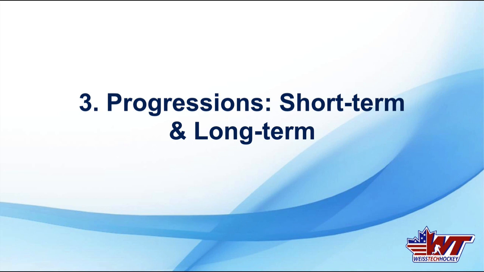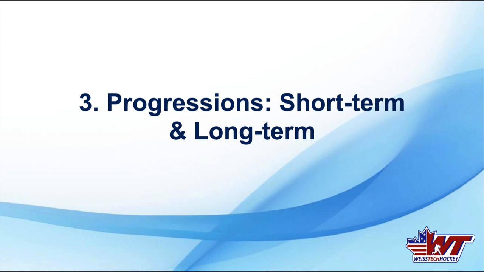That's probably about it as far as physical skills. They have to be able to read and react. They have to be able to read the play, read where the pressure is, and react to it. They have to be able to do that under pressure. So there's a series of progressions that will need to be developed in order to progress a team from not being able to do a breakout to being able to do a breakout.